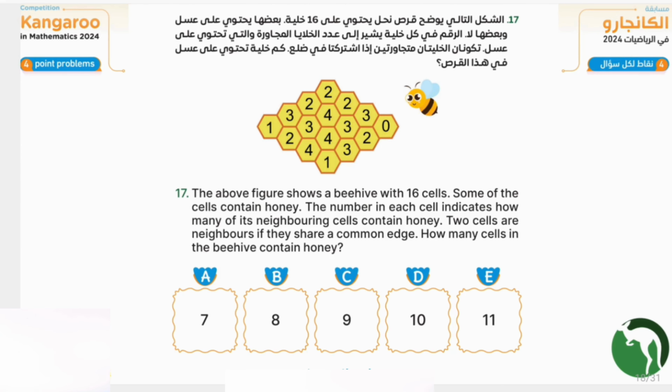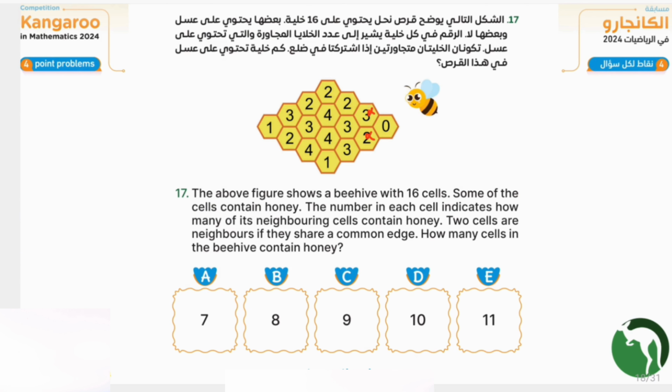So now let's look at the first cell. It's written 0, so both of these two neighbor cells are 0, so these two don't contain honey. Now let's check if this one contains honey or not.